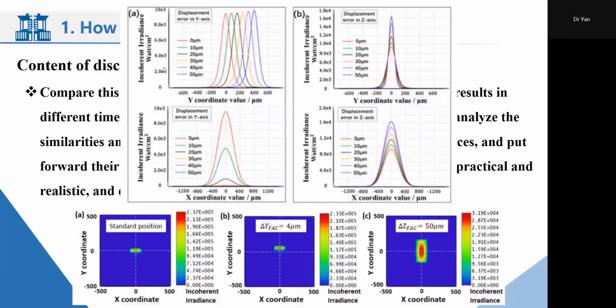This one is the standard position. It means with no displacement error, the light will be at the 0 point.